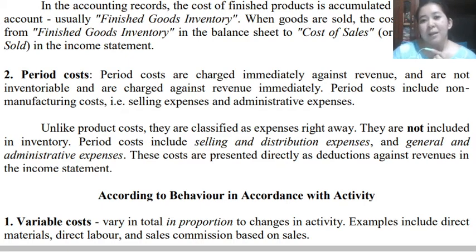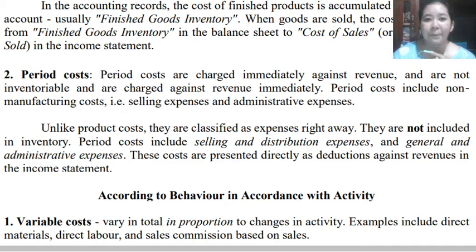Period costs normally include the non-manufacturing costs such as your selling and administrative expenses. So they are not included in the inventory. Another example of period cost are your distribution expenses as well as the general and administrative expenses, those expenses which were incurred and are not part of the manufacturing costs.